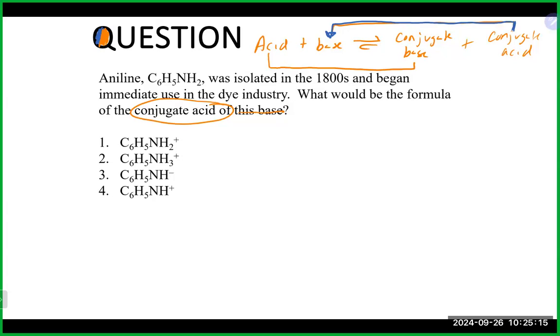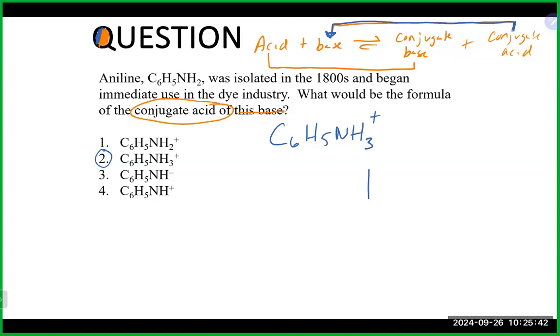Hopefully, you should know that's what you should do, either put an H plus on or take it off. And in this case, that's what we would want to do, which is stick on an H plus. So here we're going to add 1 H plus to it. And remember that we're also adding the plus part of it, so it should have the charge on it as well. That looks like number 2 there on the list. Question on that there?